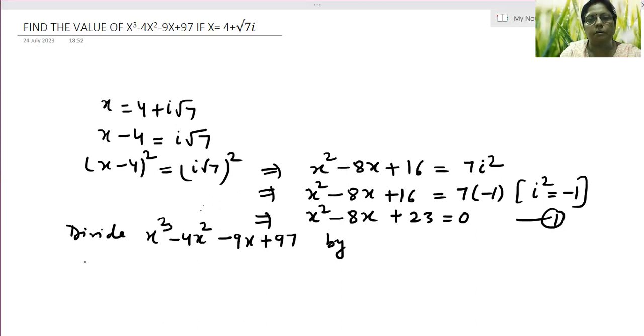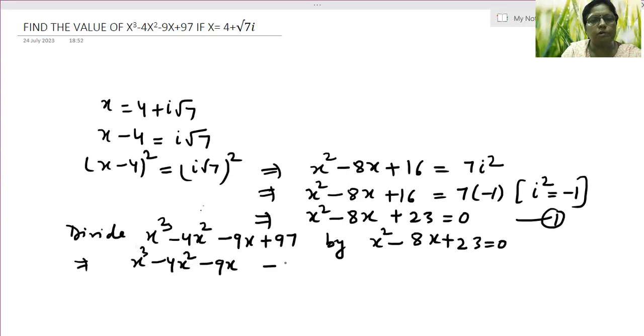Then we have x cube minus 4x square minus 9x plus 97. You can divide it. It will be equal to x square minus 8x plus 23 into x plus 4.